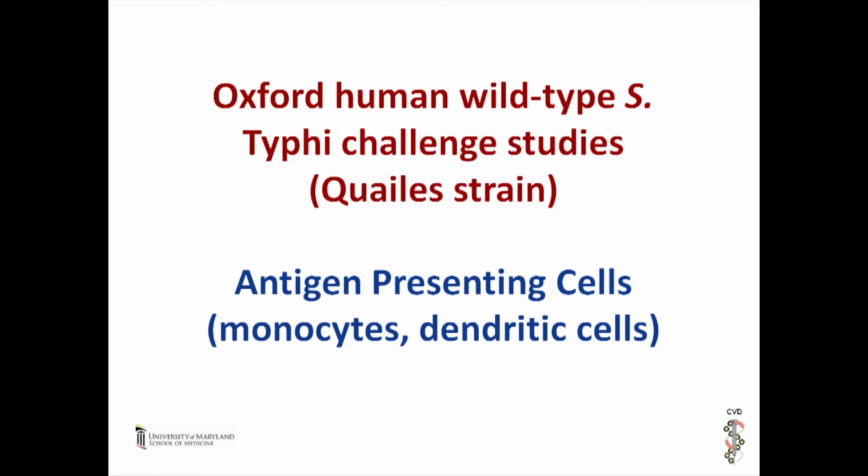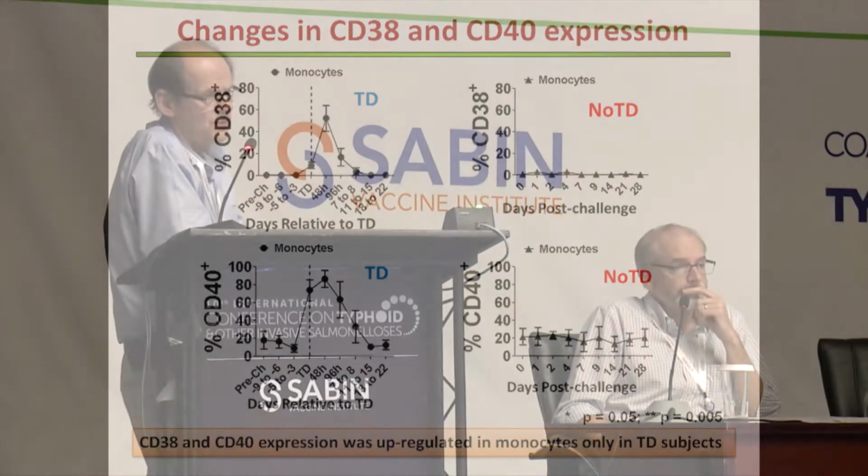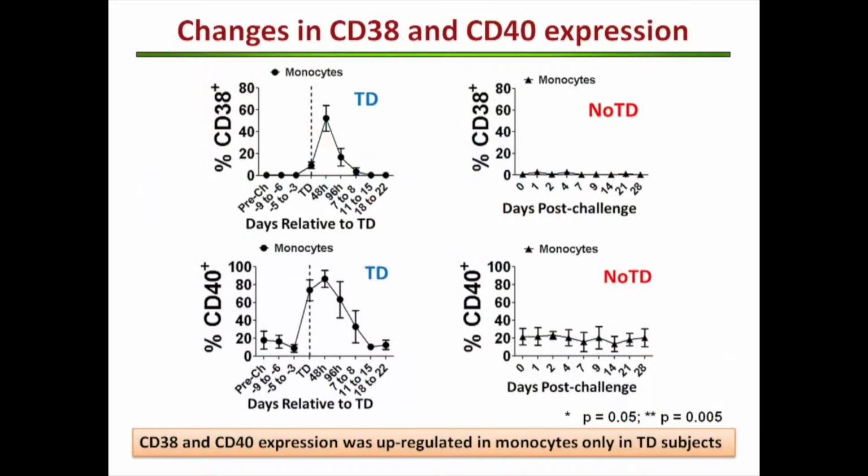And among the other things that we study are antigen-presenting cells, monocytes, dendritic cells, and the like. So if we look at the level of activation of monocytes, as measured by CD38 positive expression and CD40 expression, you can see on the left panels that in the volunteers who developed typhoid disease, there was an extremely high degree of activation at the time of typhoid diagnosis and up to 48 and 96 hours later.